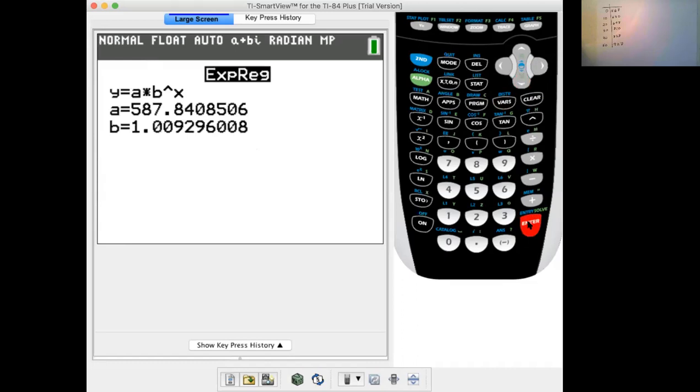So I'm going to write this down. Y equals a times b to the x. That's our regression equation. That's our curve of best fit, if you will. So A is 587.84.